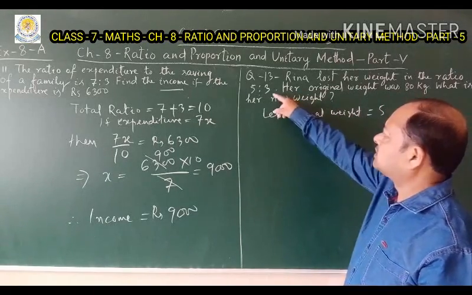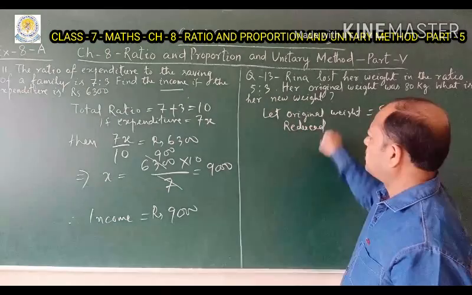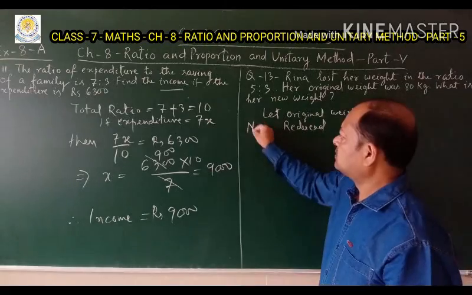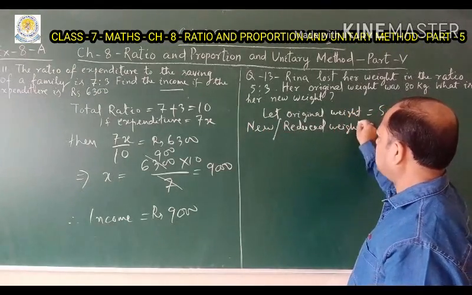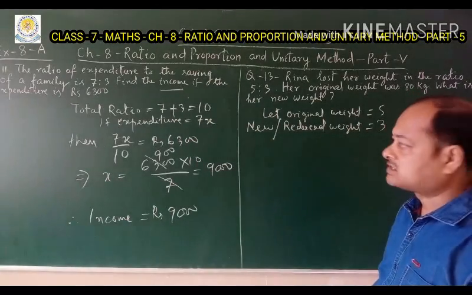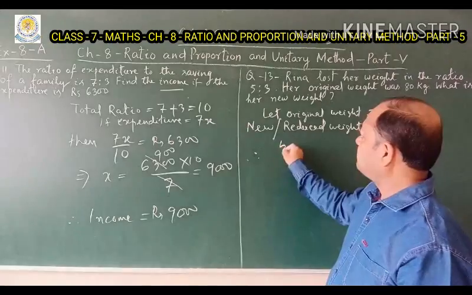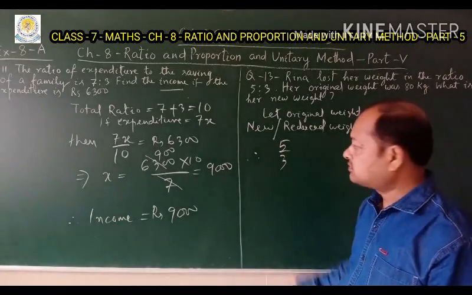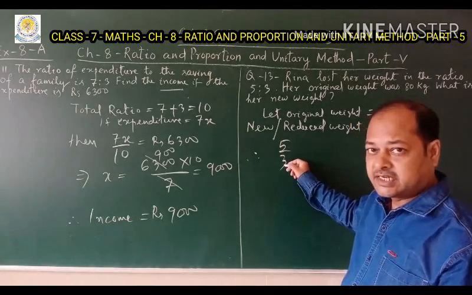And reduced weight or new weight of Reena equal to 3. Ratio is 3. So what is the ratio? Therefore 5 is to 3, that means 5 is the original weight and 3 is the reduced weight.